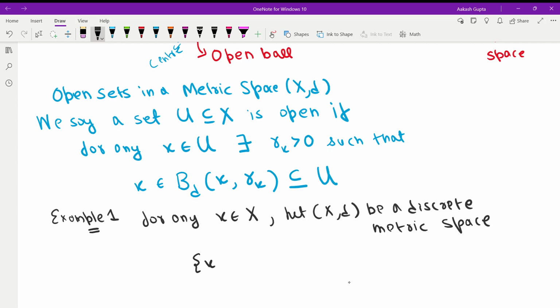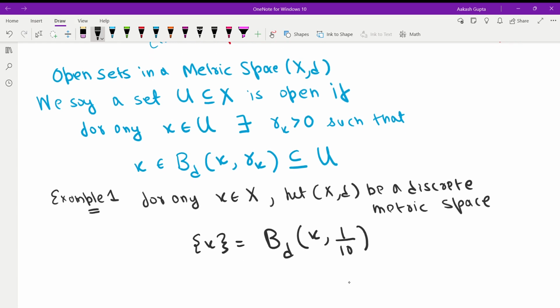Then for any X in capital X, if you see, singleton X is actually the ball of radius, which number less than 1 do you like? Let us say 1/10.